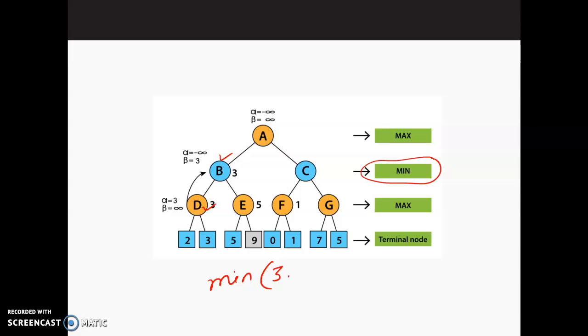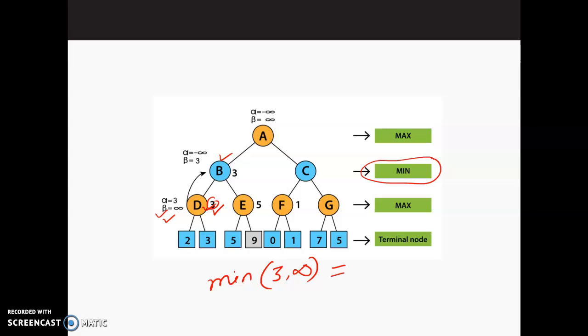The node value at vertex D is 3, because here you can see we got 3 by comparing the maximum. And the beta value at vertex D is infinite.